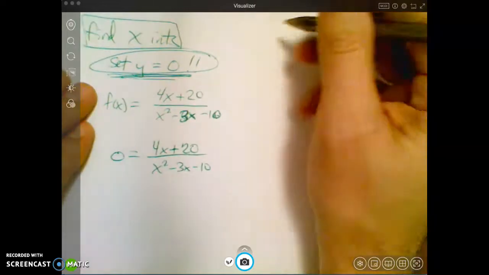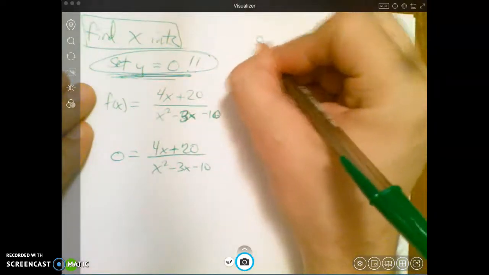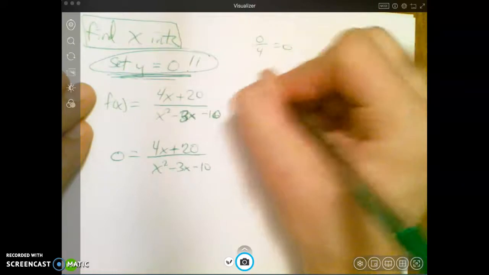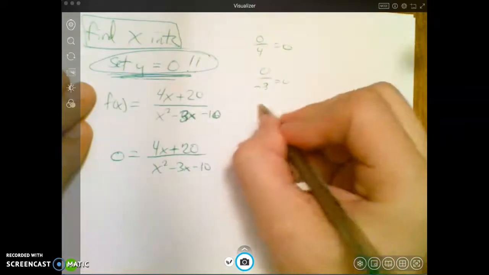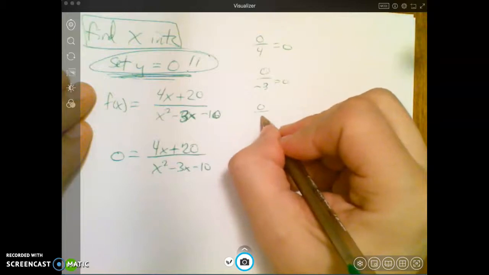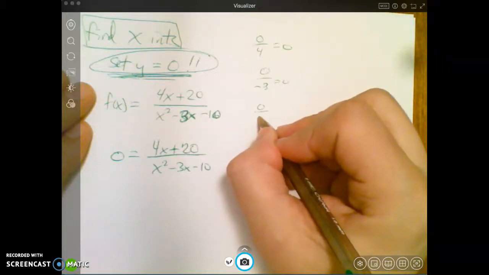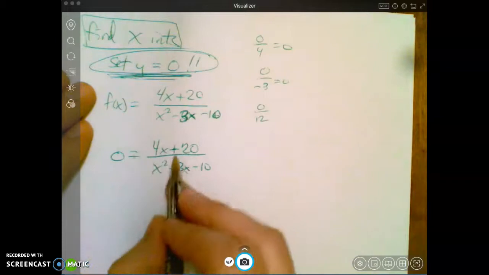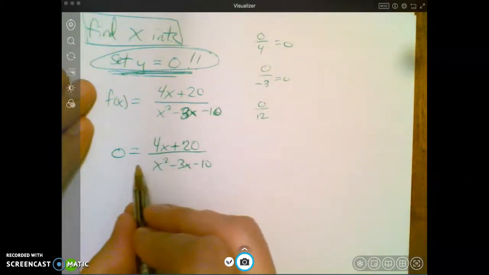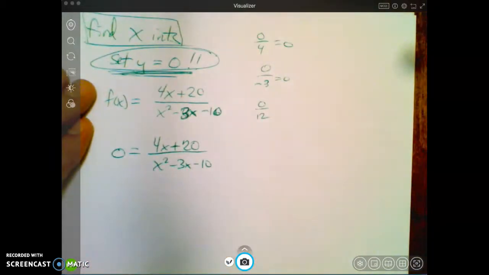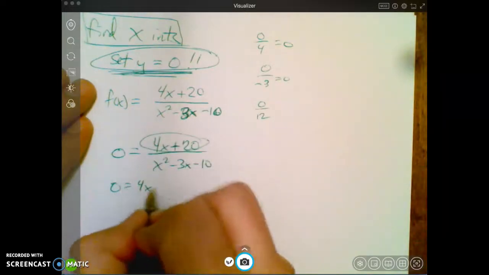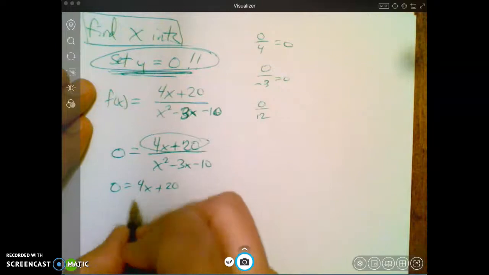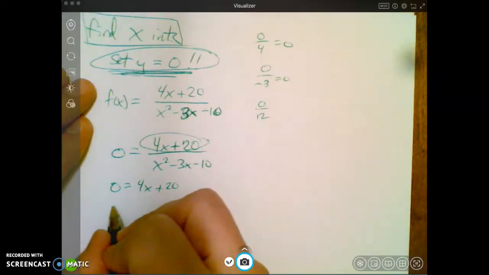We've run into that a few times with limits, but remember 0 divided by anything equals 0. So as long as the top is equal to 0, the whole equation's equal to 0. So if you ever see one of these and you're finding the x-intercepts, you don't really care about the bottom. You care about just when does the top equal 0. That makes it a whole lot easier to solve. So it's kind of like a win-win.